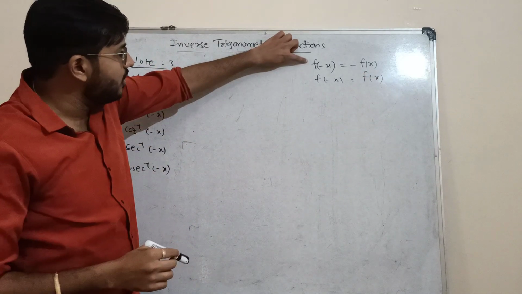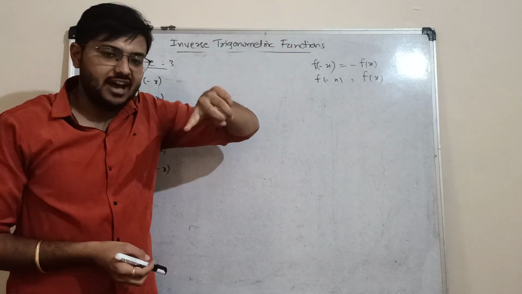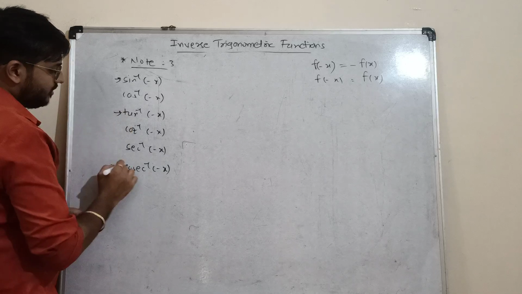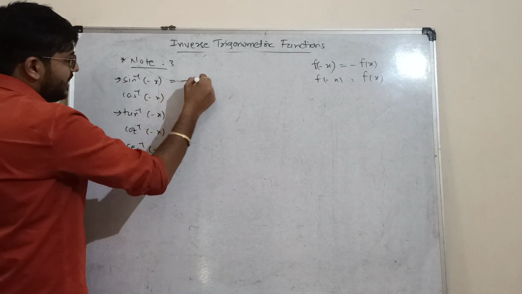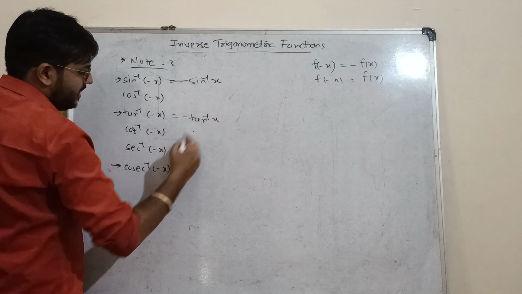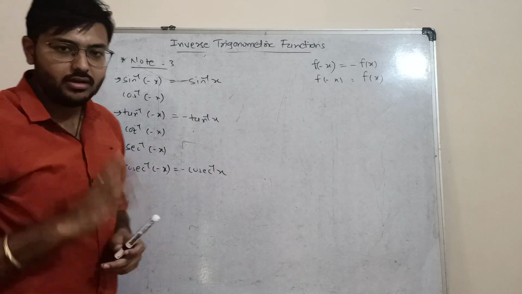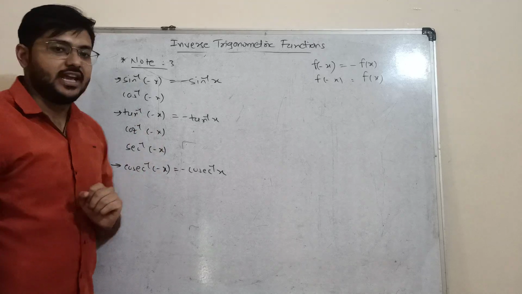This is when it is an odd function, and that is when it is an even function. So we already discussed from the graph that sine inverse, tan inverse and cosec inverse are odd functions, right? So their answers can be directly written as minus sine inverse x, minus tan inverse x, and minus cosec inverse x. Clear this point?